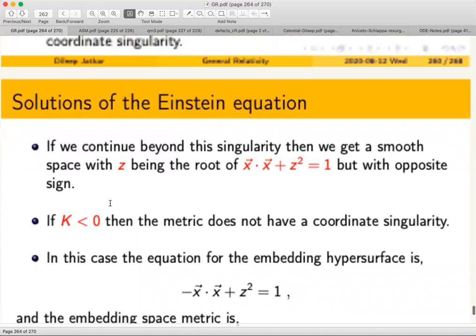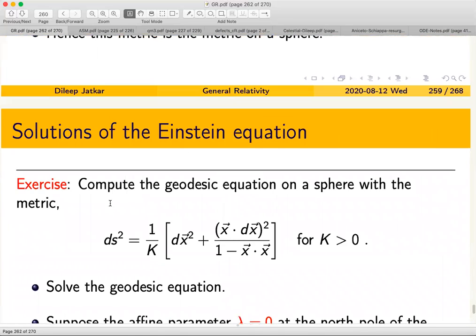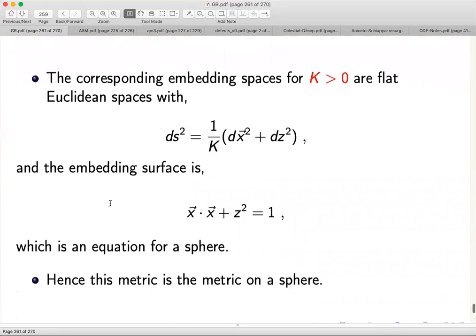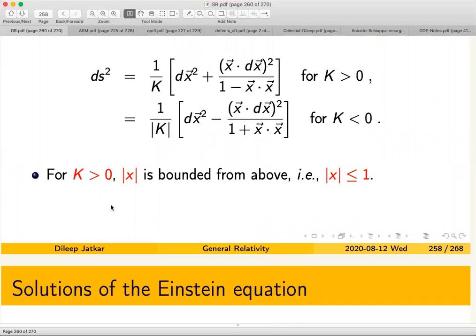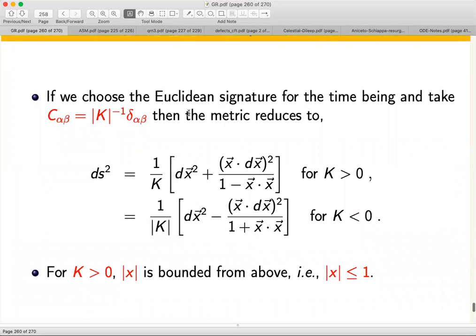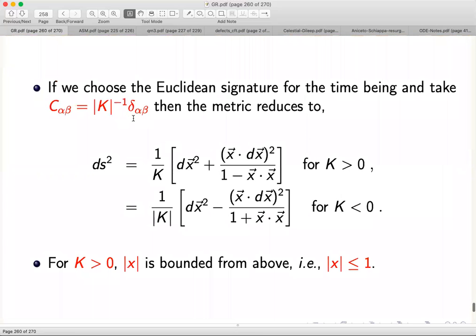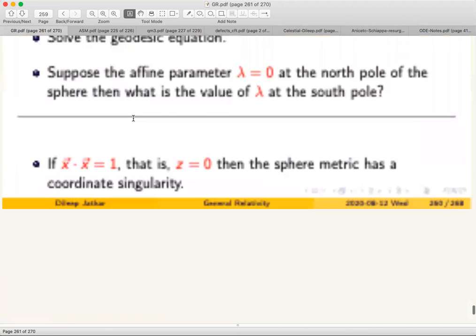Remember, we had written down C alpha beta to be delta alpha beta by k at some point. That was because we were working with Euclidean signature. But now if you are working with Lorentzian signature, you can't use delta alpha beta, but you can use eta alpha beta.